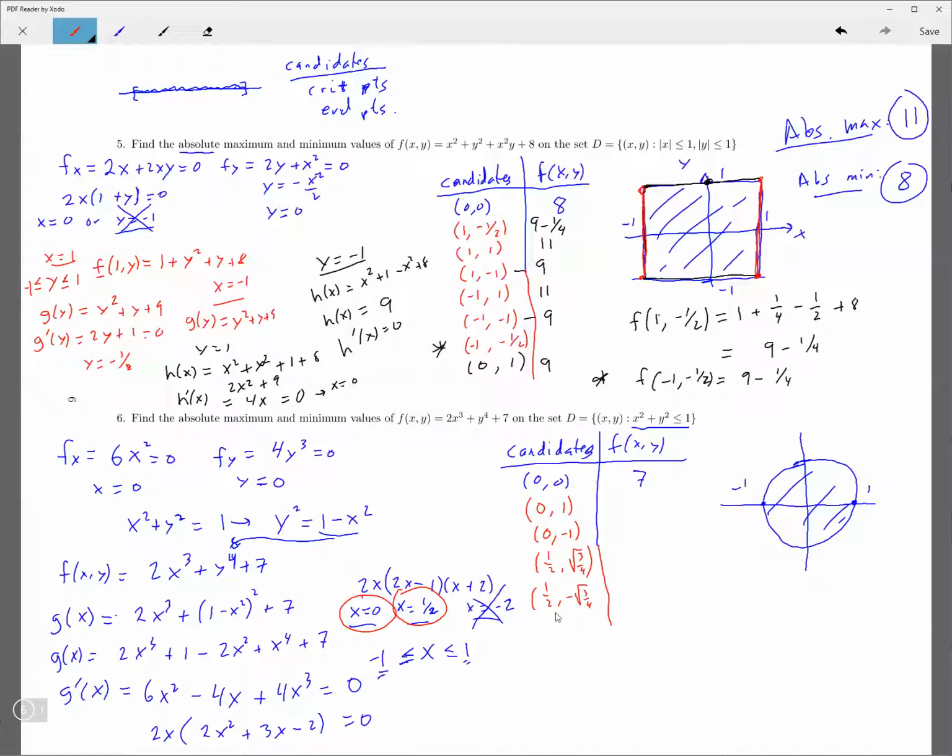This gives you so many more points. Because if x is 1/2, that means y squared is 1 minus 1/2 squared, so y squared is 3/4.